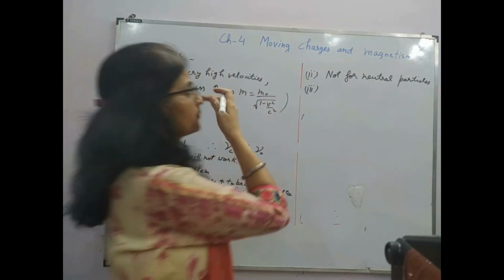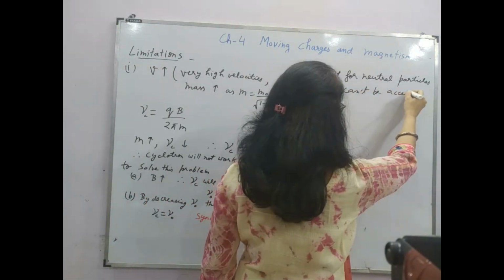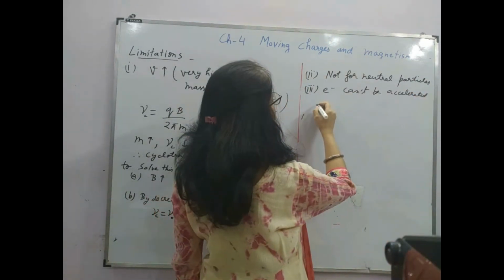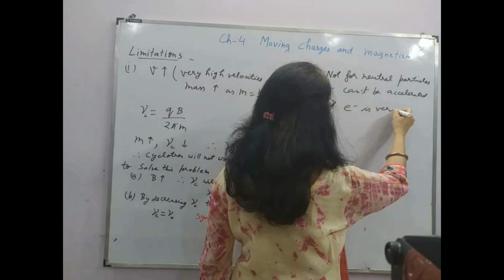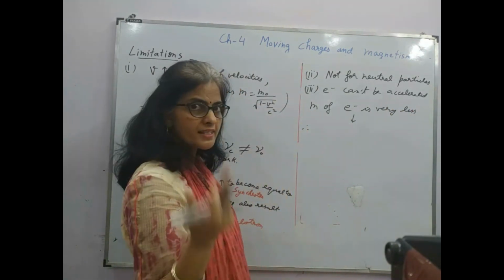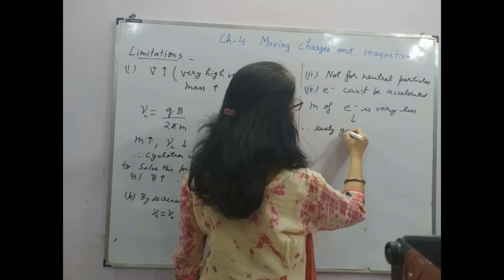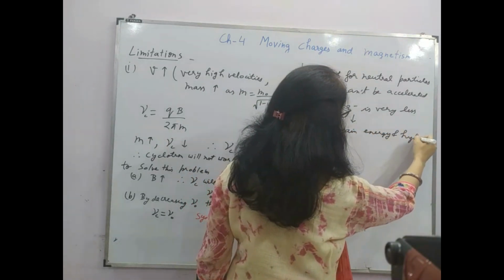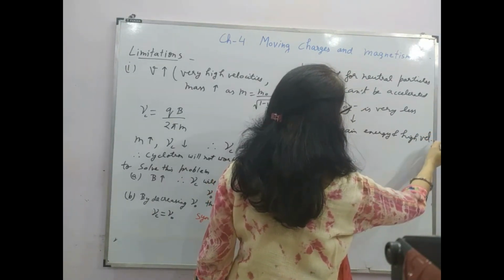Right? Third thing, electrons can't be accelerated. Why? I'm giving you in short points. Since the mass of electrons is very less, therefore these are easily accelerated to high energies, and gain energy and high velocities.